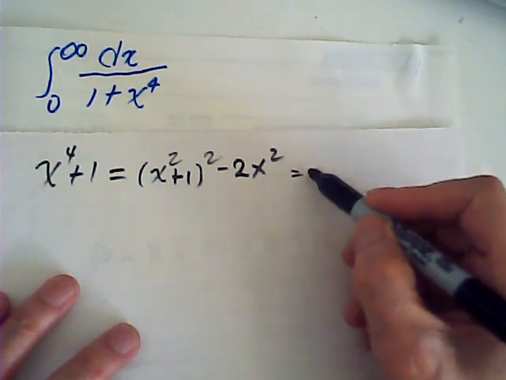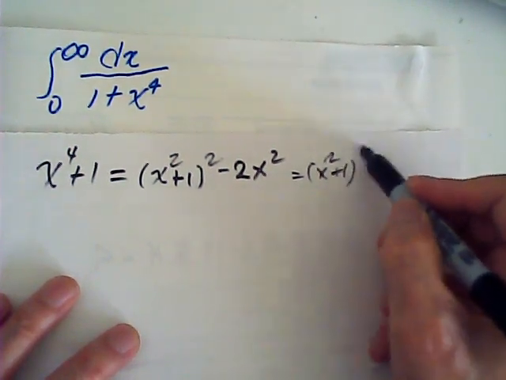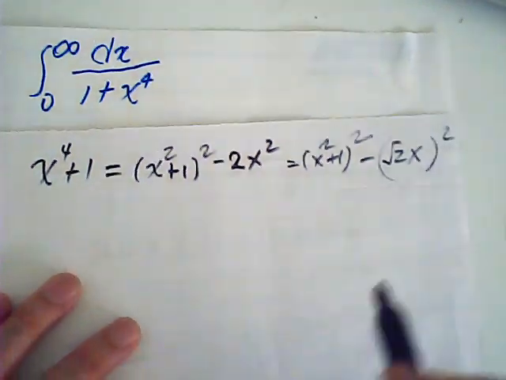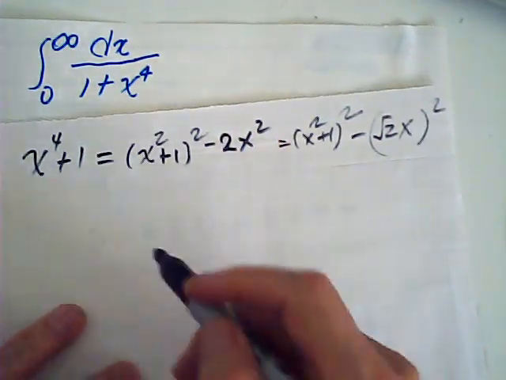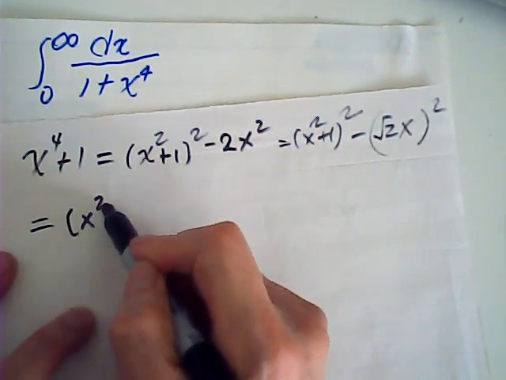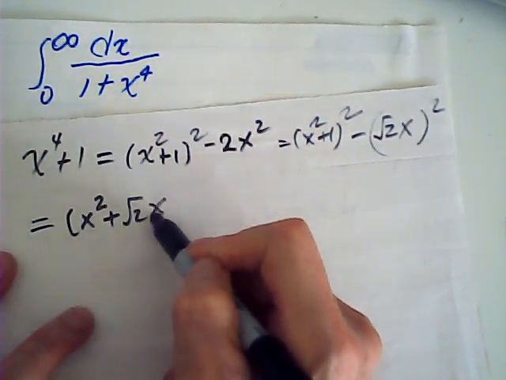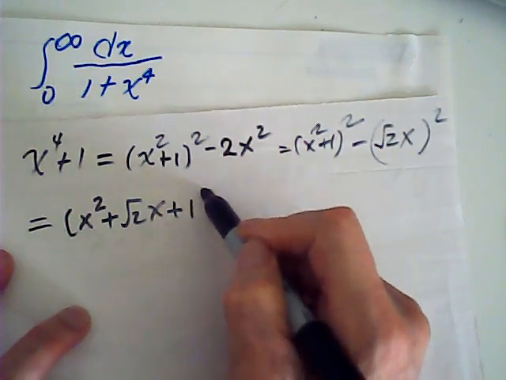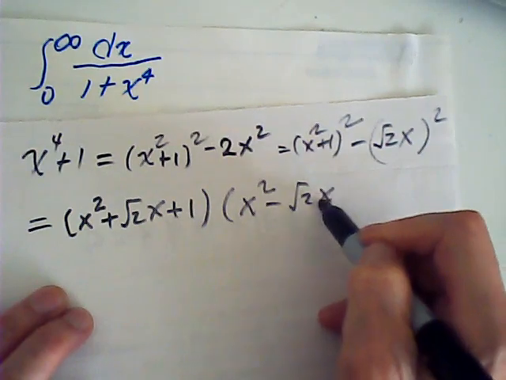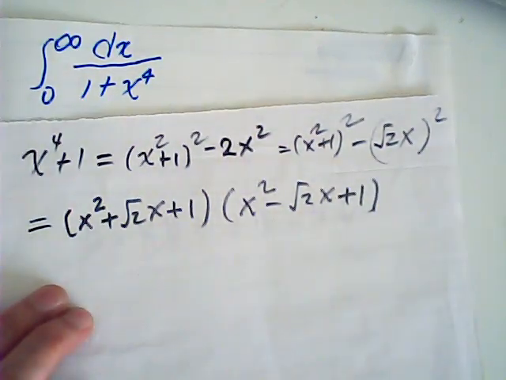Yeah, so this one is equal to x squared plus 1 square minus the square root 2x square. Okay, so this one is equal to x square plus root 2x plus 1 and x squared minus root 2x plus 1.